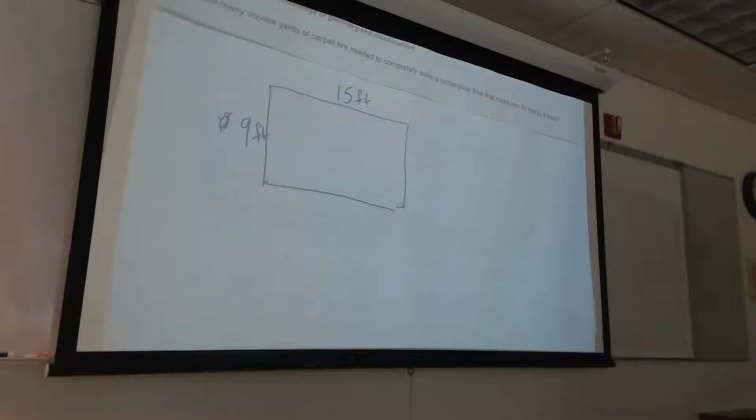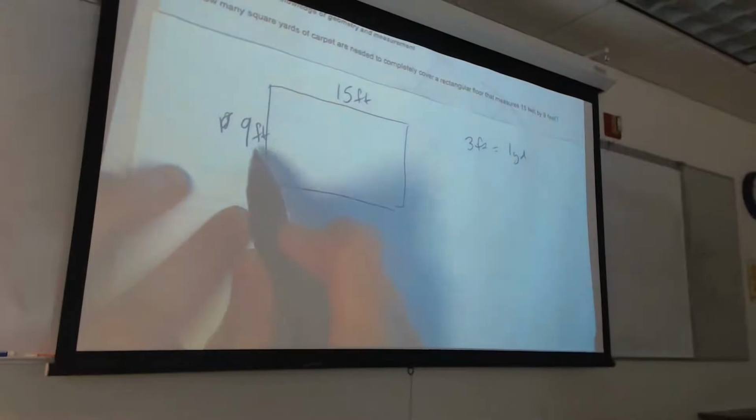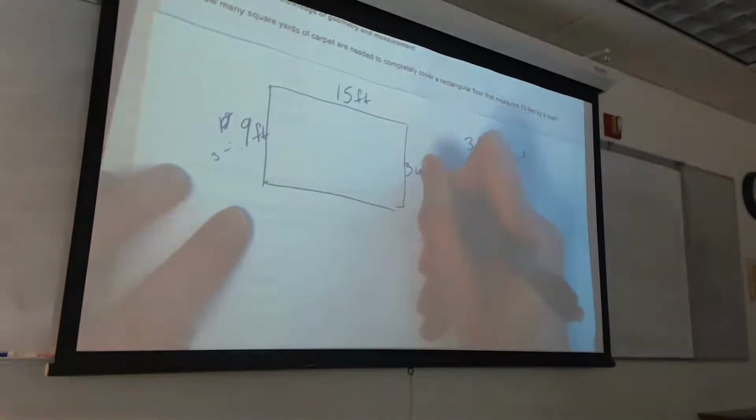Because if you go ahead and multiply them and then try to change the units, you actually need to change by a factor of 3 squared instead of by 3 if you wait and do it once it's the area. So change your units first. So how many feet are in a yard? 3 feet is 1 yard. So if I have 9 feet, divide by 3, so it's 3 yards.